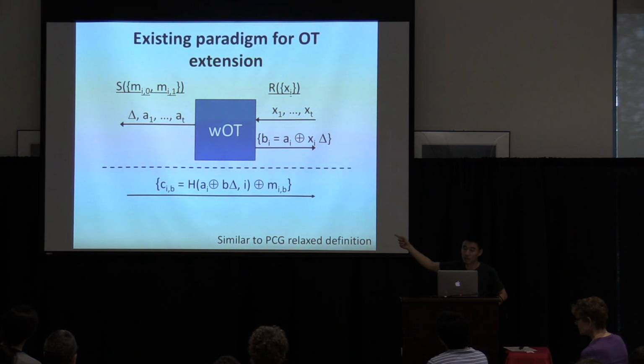I can learn some kind of correlation between two calls of the OT. So it's actually important to put I inside of the hash function if the adversary can arbitrarily choose bi. And whether the adversary can arbitrarily choose bi or not really depends on how the weak OT is implemented.